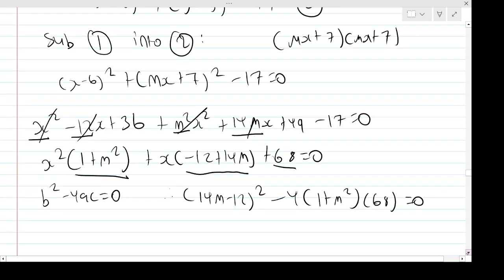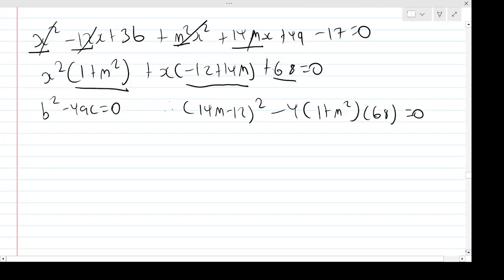So then I need to expand these brackets. So firstly, 14m times 14m would be, well, what's 14 squared? 196m squared. Then 14m times minus 12 gets me minus 168m, so that's another minus 168, so that would be minus 336. Then minus 12 times minus 12 is plus 144.